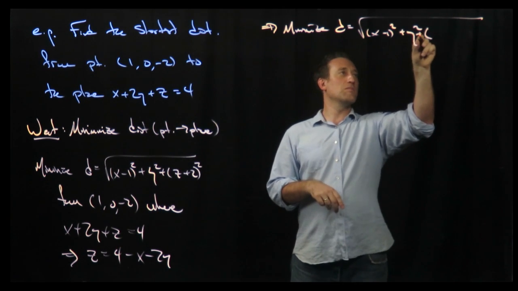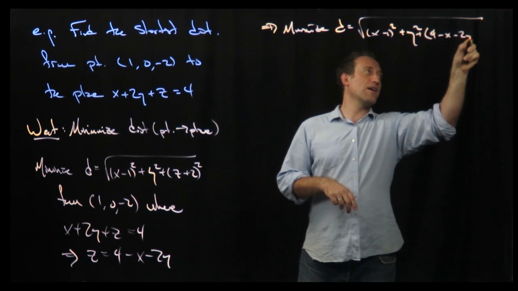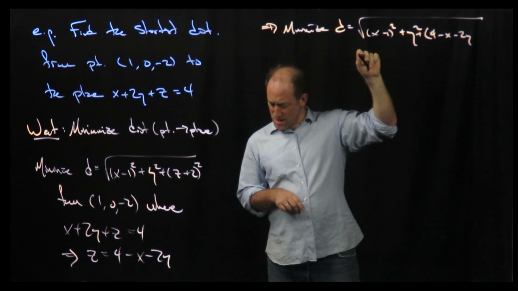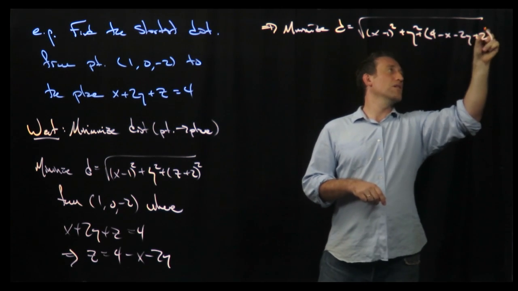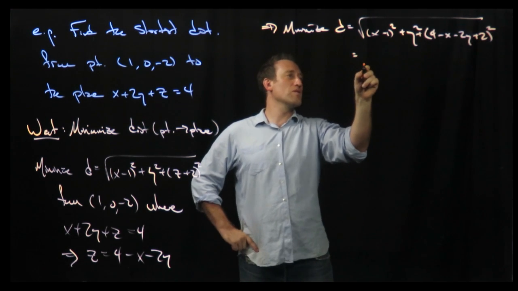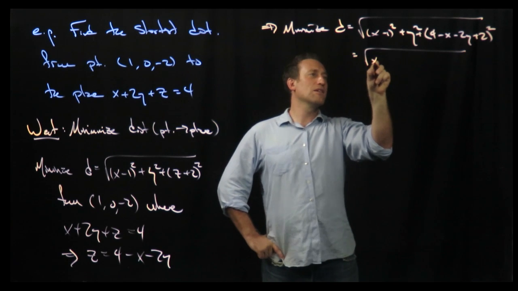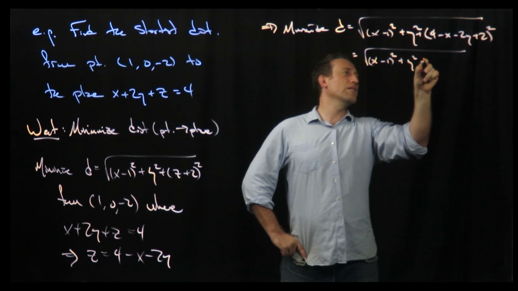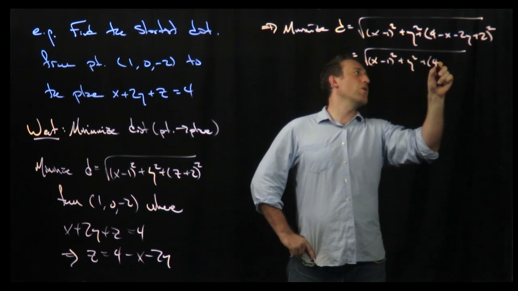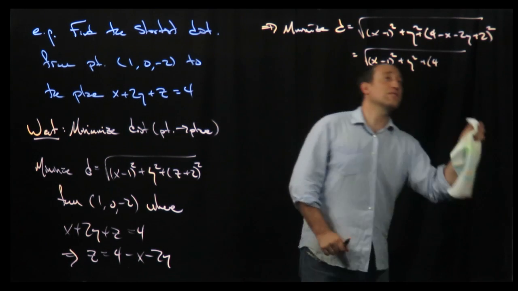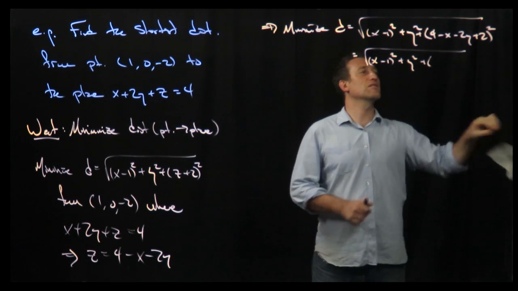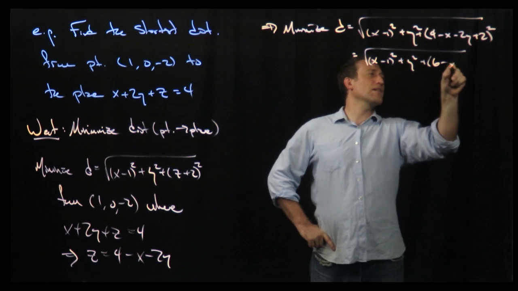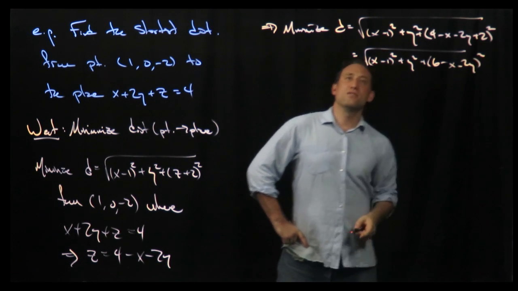And so this is a plus 4 minus x minus 2y, and then plus a 2, quantity squared, which of course is the same thing as x minus 1 squared plus y squared plus, that'll be a 6 after I add it, 6 minus x minus 2y squared.